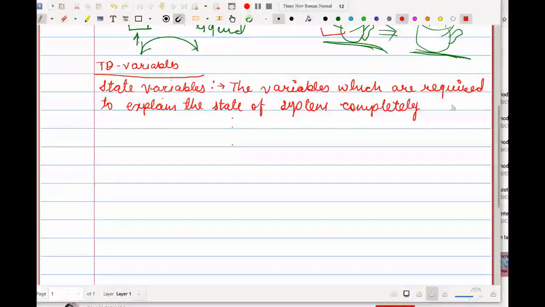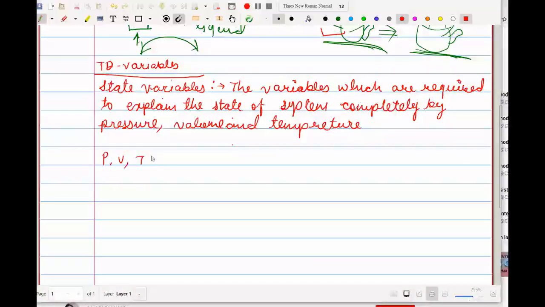The variables which are required to explain the state of a system completely: pressure, volume, and temperature. So you see, pressure, volume, and temperature are the macroscopic properties.